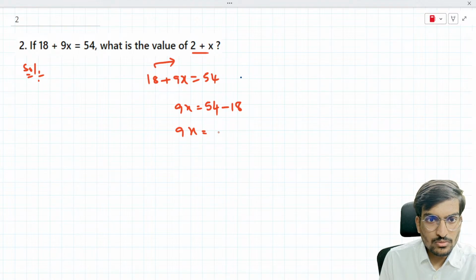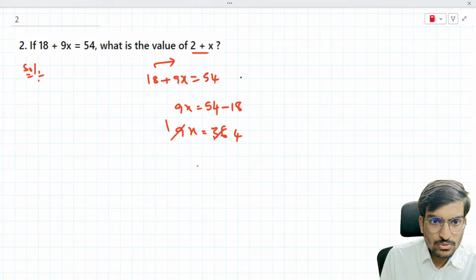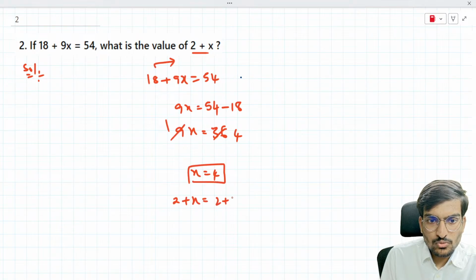Let's see if it's going to be right or wrong. Even Tanu said 6. Okay, 54 minus 18 is 36, and then 9 times 4 is 36, so x equals 4. So 2 plus x equals 2 plus 4, that equals 6. So the 2 plus x value equals 6.